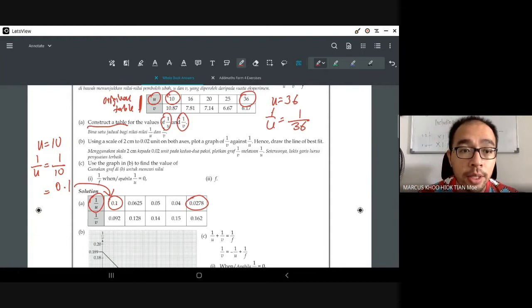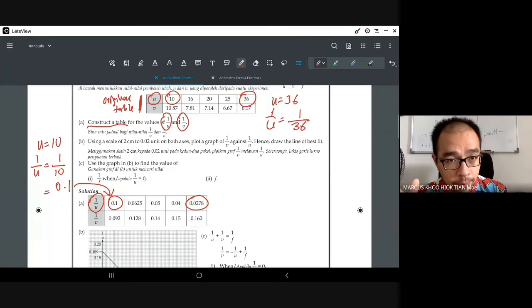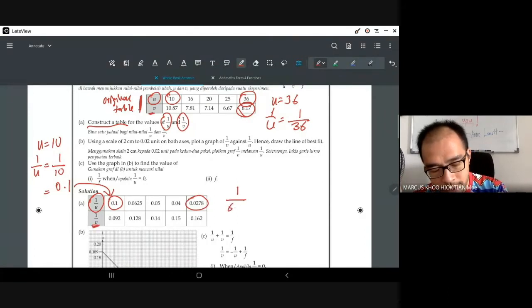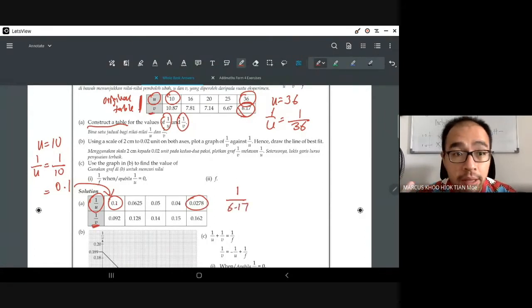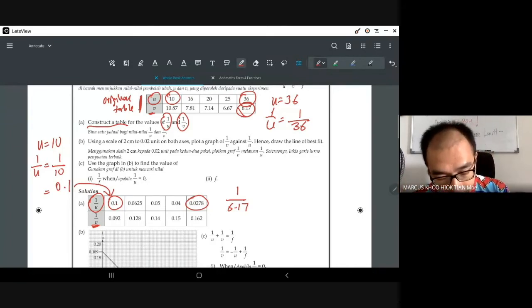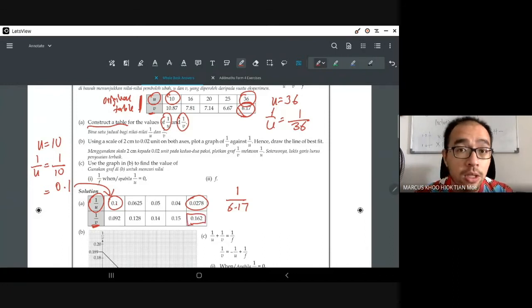If you want to round off, this is something I need to tell you. Let's say for example this 6.17. v is 6.17, so 1 over v is 1 divided by 6.17. You get a very long one. In this question, they round off to become 0.162.